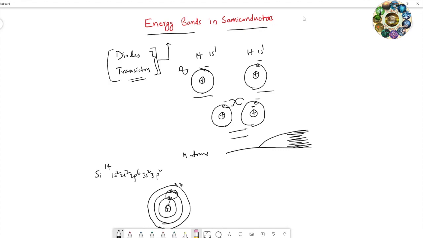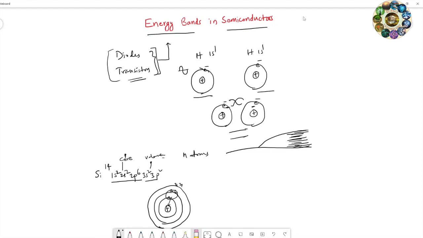So these are core electrons and these are valence electrons. Generally, when you combine atoms, the valence electrons interact first. Then if the atoms come closer and closer, the core electrons will try to interact.